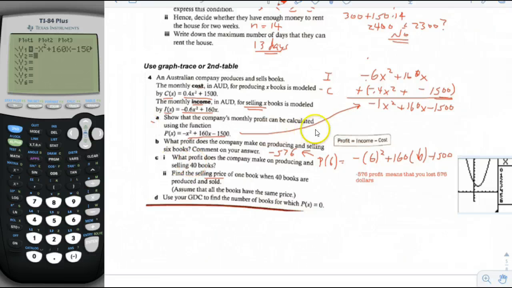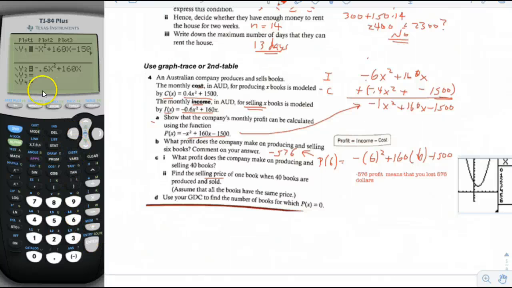we sell 40 books. So we're going to put the income equation in the calculator, which is negative 0.6x squared plus 160x. Okay, and then I'm going to turn off this equation because we don't want to see it for right now.